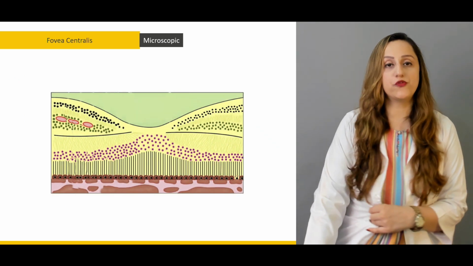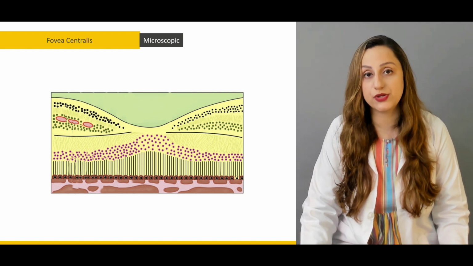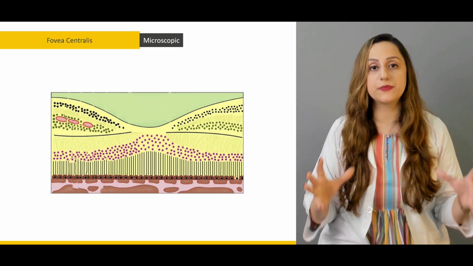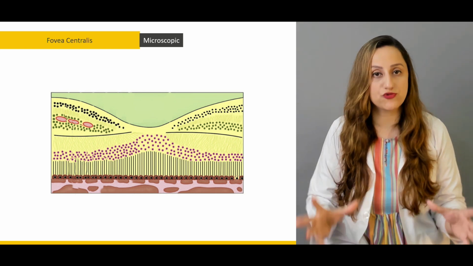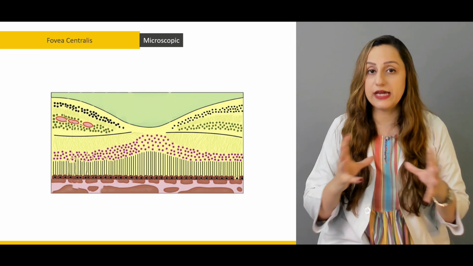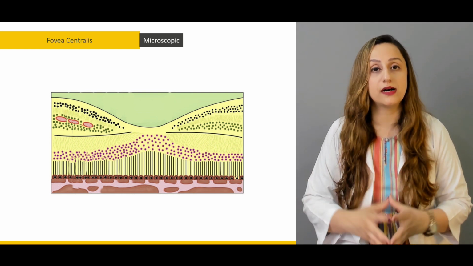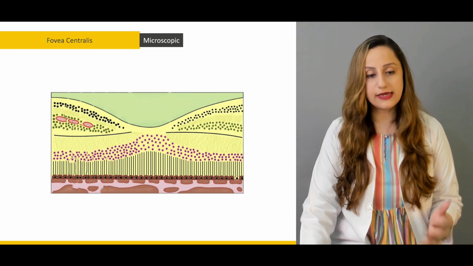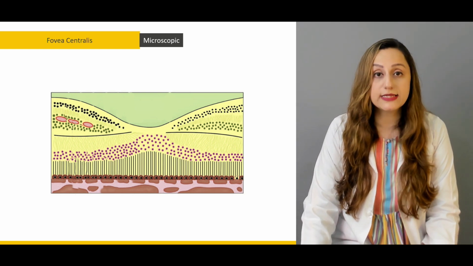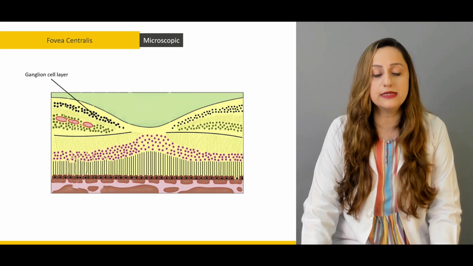Then we have the fovea. We already had a look at the macular tissue. The macula was basically responsible for the central vision, and the most central portion of the macula was the fovea centralis. So over here, we're just giving you the gross anatomical or the microscopic view of the fovea centralis.